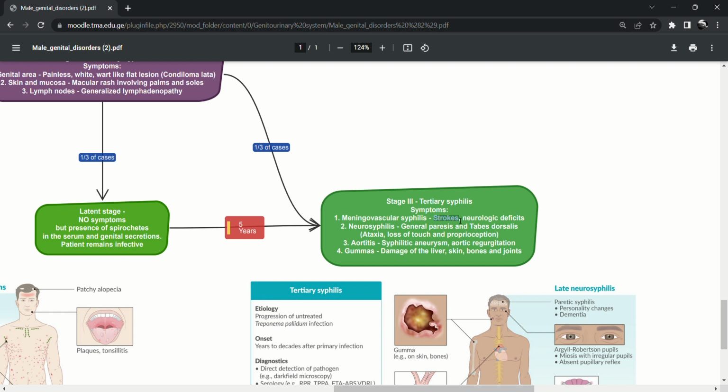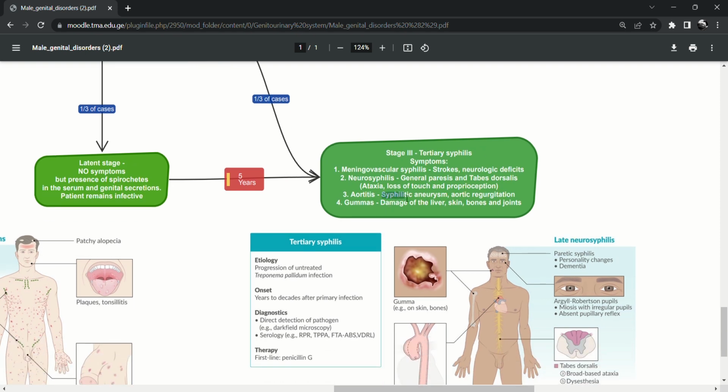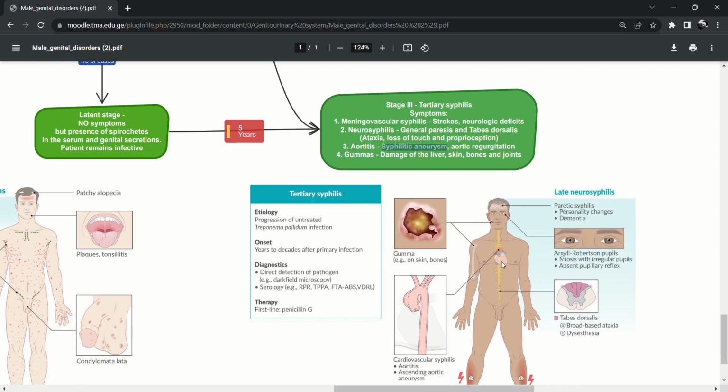So the most common complication and symptom of tertiary syphilis is aortitis, the cardiosyphilis, which causes syphilitic aneurysm. It can develop in the thoracic aorta most commonly, and it can also cause aortic regurgitation, which is less common. There's another symptom as well, which is neurosyphilis.